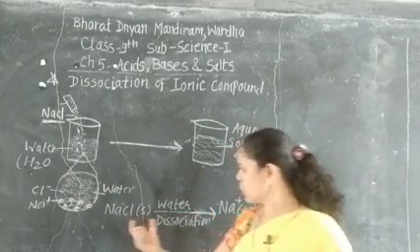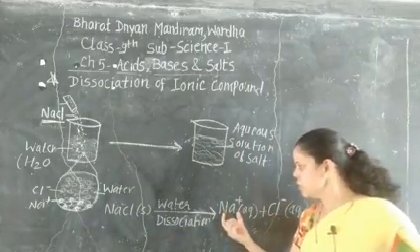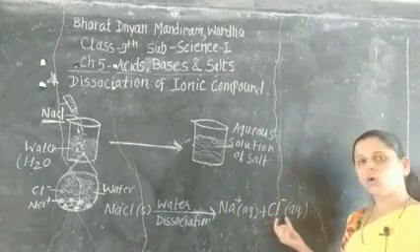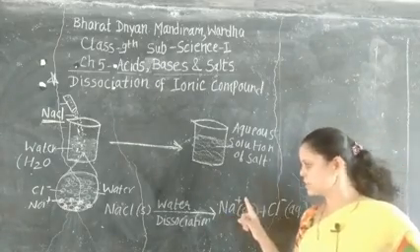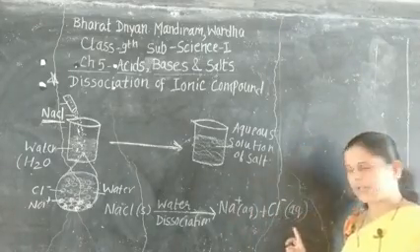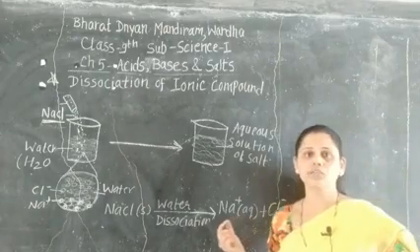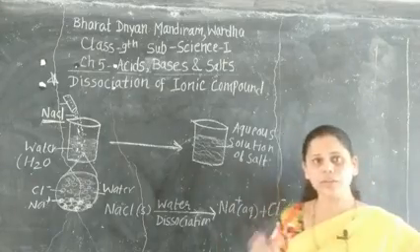Here sodium chloride, after dissociation, breaks down into the sodium ion, a cation, positively charged, and the chloride ion, negatively charged. Here in brackets aq is written. aq stands for aqueous solution.